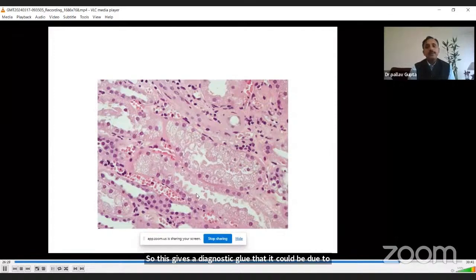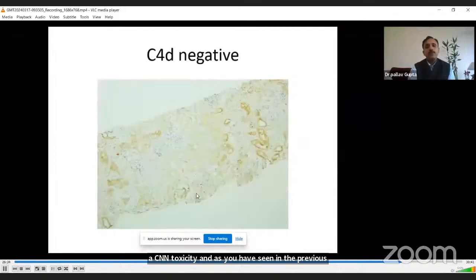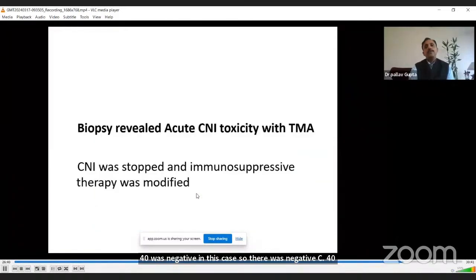And as we have seen in the previous slide, the levels of the CNI were quite high. C4d was negative in this case, so there was negative C4d in the peritubular capillaries. So this biopsy revealed the presence of acute CNI toxicity with manifestation of thrombotic microangiopathy. So in this patient, the CNI was stopped and the immunosuppressive therapy was modified accordingly.